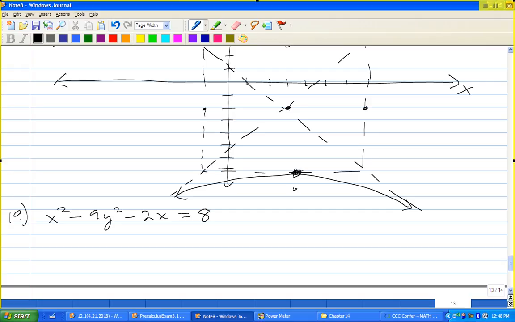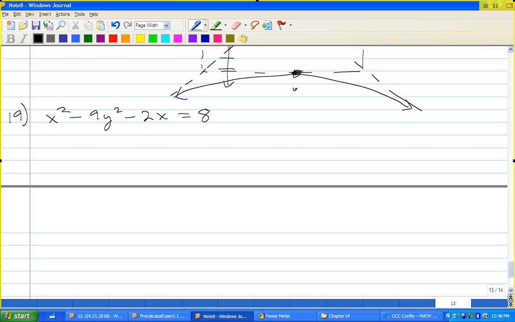Use extended diagonals of the fundamental rectangle to sketch the graph. Okay, so let's group x's together, y's together, and complete the square.